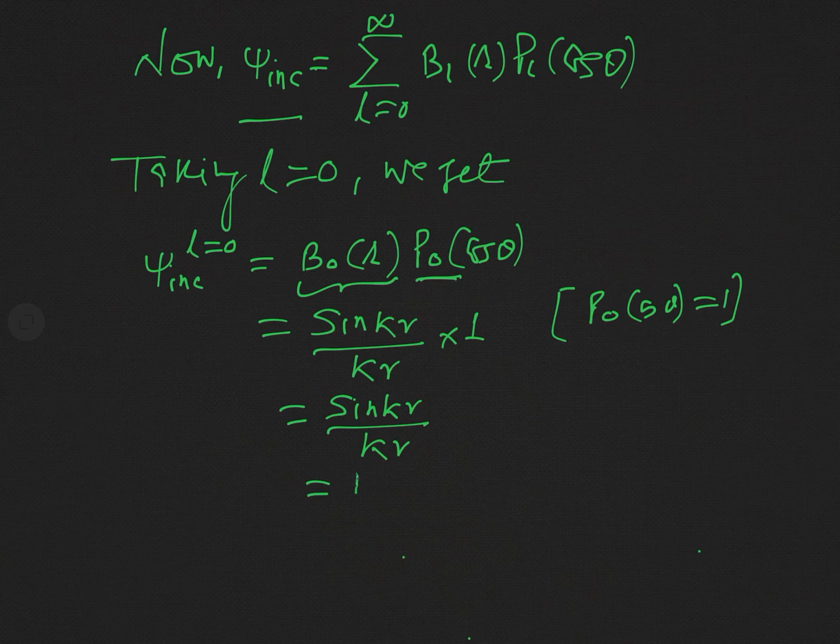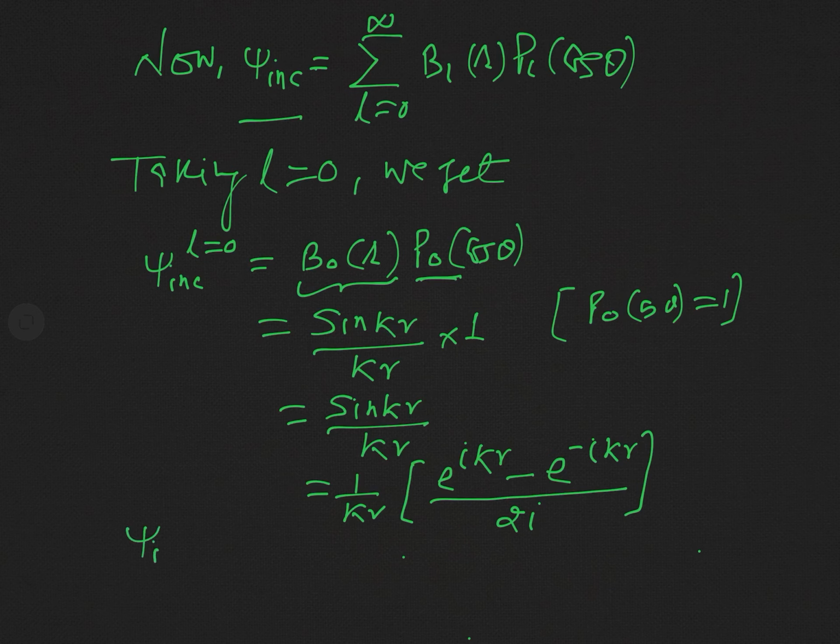Now this sine kr can be written as, this is 1 over kr, and you can write sine kr as e to the power ikr minus e to the power minus ikr divided by 2i. We can write it in this way.